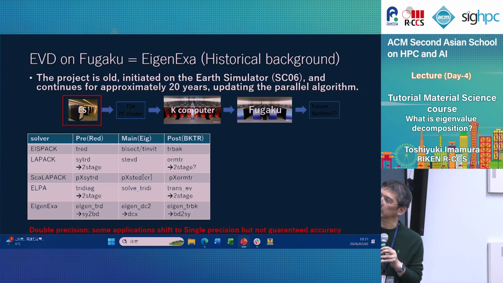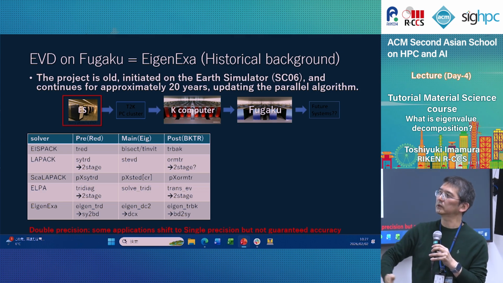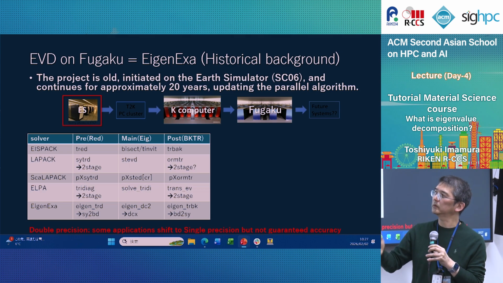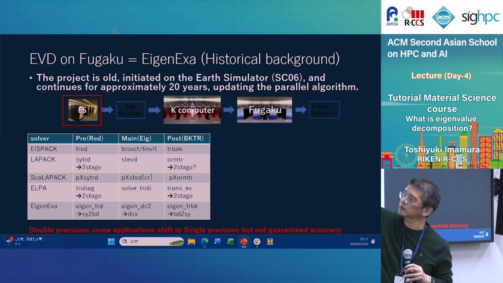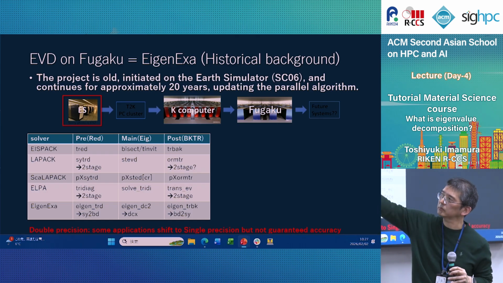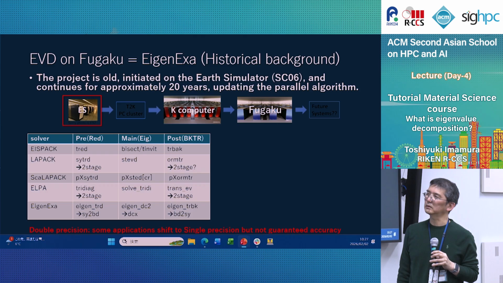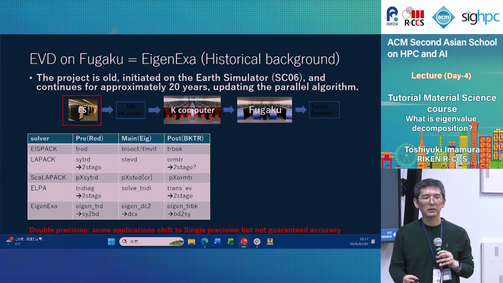Historically, our HPC community and numerical linear algebra community developed software packages for solving the eigenvalue problem. So EISPACK was very classical, and I think it was published as a book.